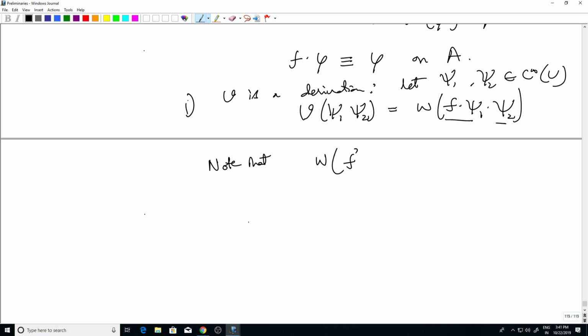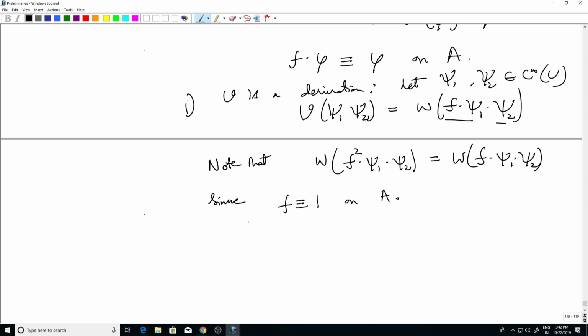W of F squared C1, C2 is the same as W of C1, C2, since F is identically 1 on the open set A. So in other words, these two functions, F squared multiplied by C1 times C2, this is a C infinity function on M, and so is this.